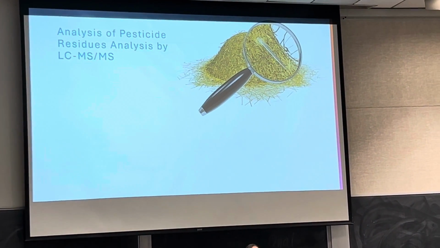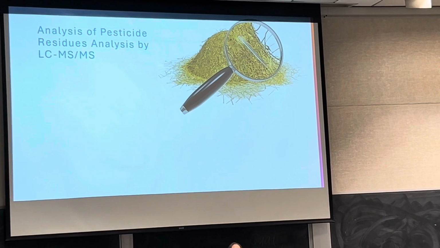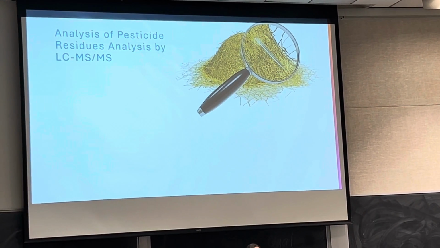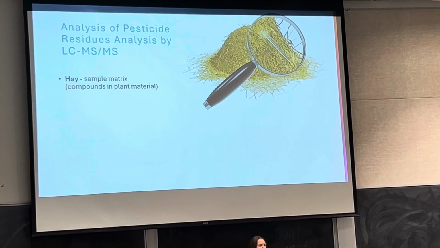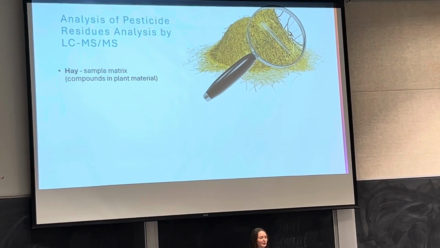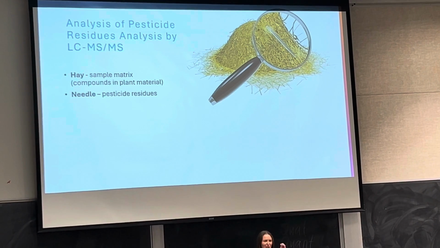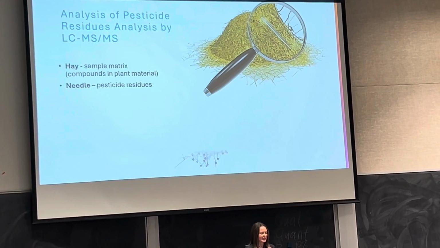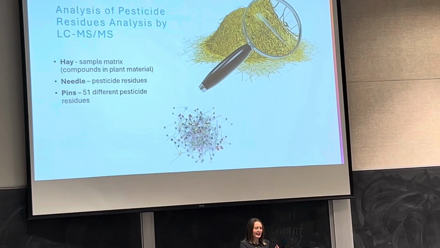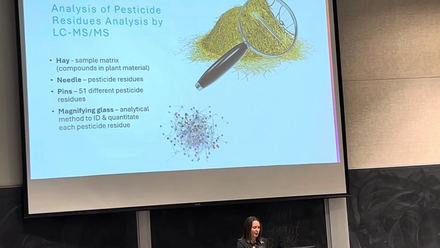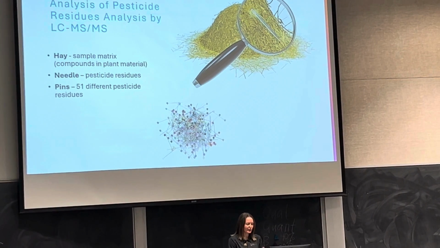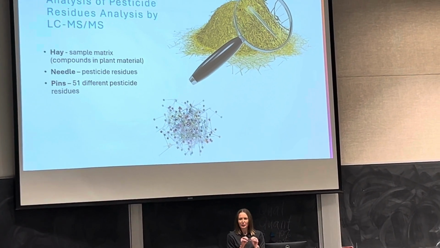The method that I'm working on is very much like a needle in a haystack. The hay represents the sample matrix, or all the different compounds in the plant material, and the needle is the pesticide residues. But it's more like it's pins, because I'm trying to find 51 different pesticides in that haystack.